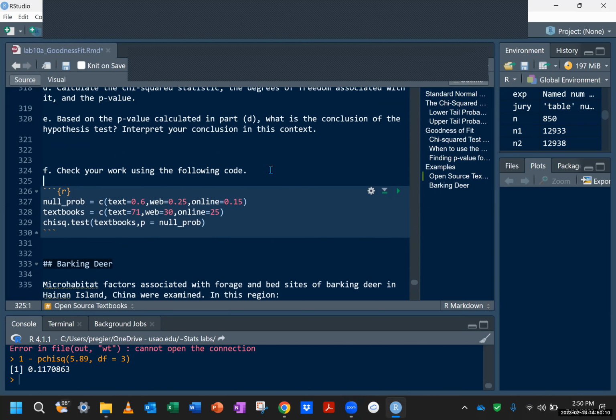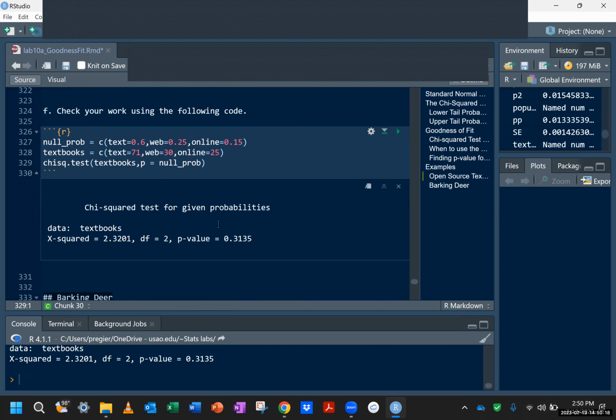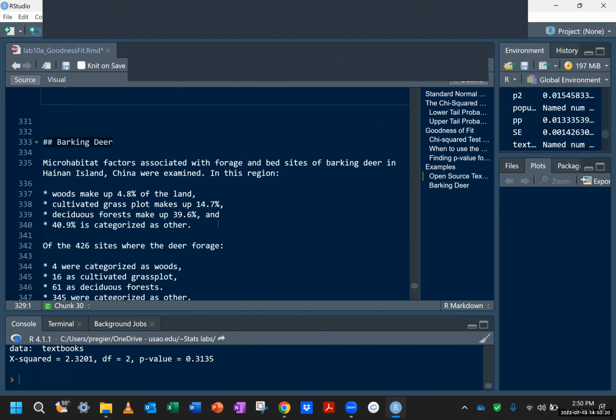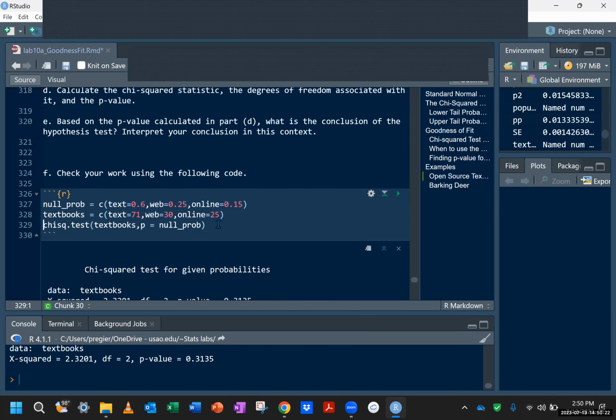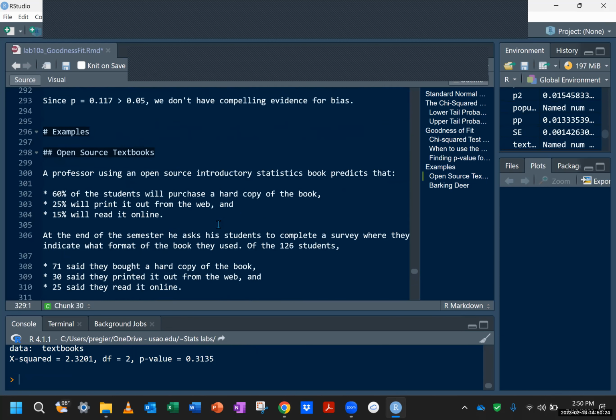R is fancy in that it often has code to do all your hypothesis tests by itself. Actually, I'll do the textbook example, but you should really do it by yourself before looking at me. This is only in case you need it. So please pause the video, work on it yourself, and then if need be, you can check the rest of the video by seeing my work here.